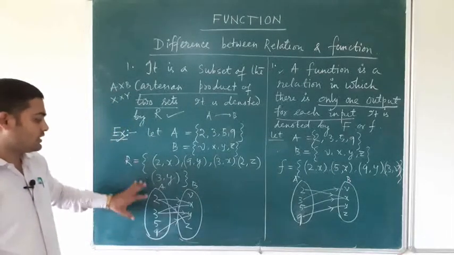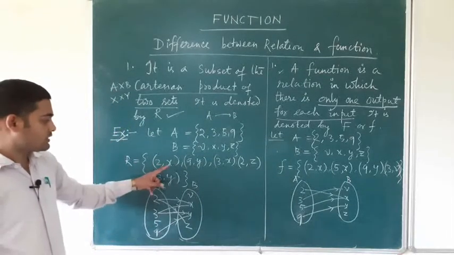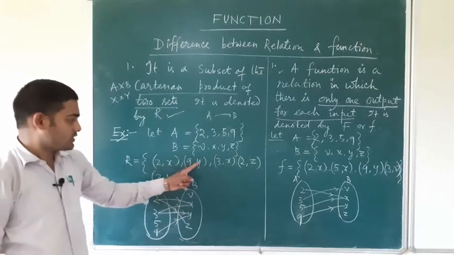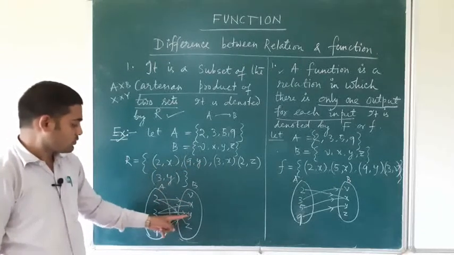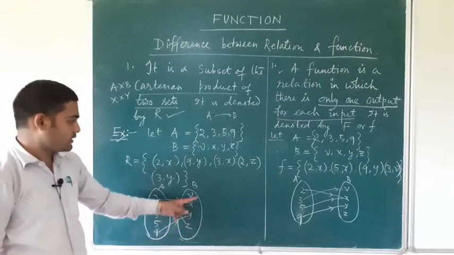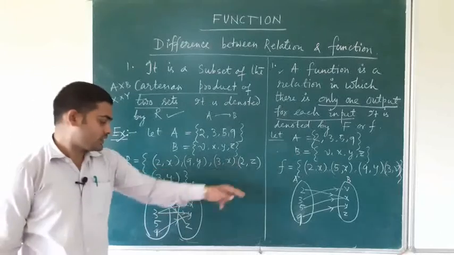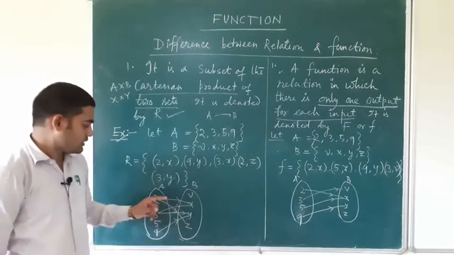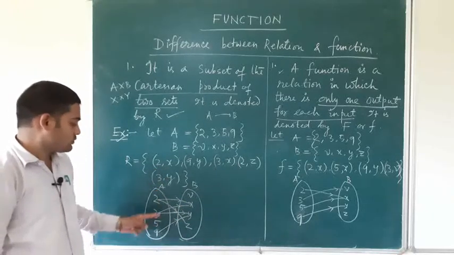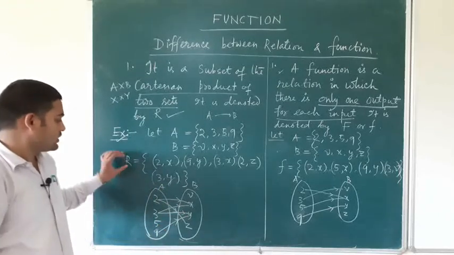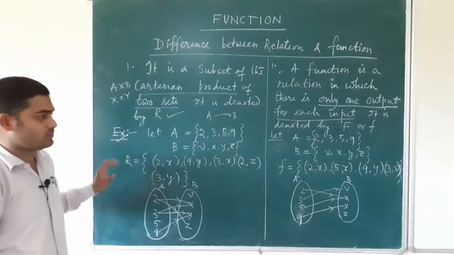And this is the relation: 2 is related to X, 9 is related to Y, 3 is related to X, 2 is related to Z, 3 is related to Y, like this. Okay? This is a relation.